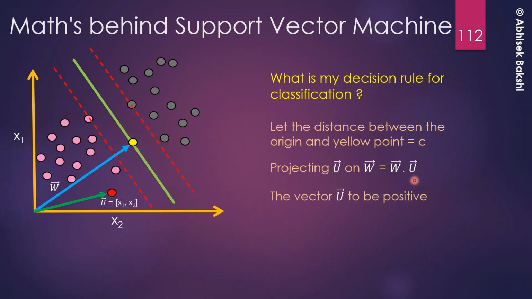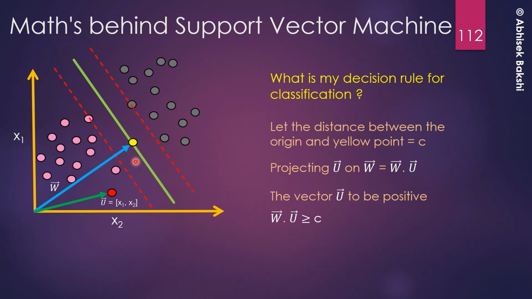So that means for the vector u to be positive, I must have an equation something like this: w dot u should be greater than or equal to c, where c is the length between the origin and this vector, the length of the vector actually, right?